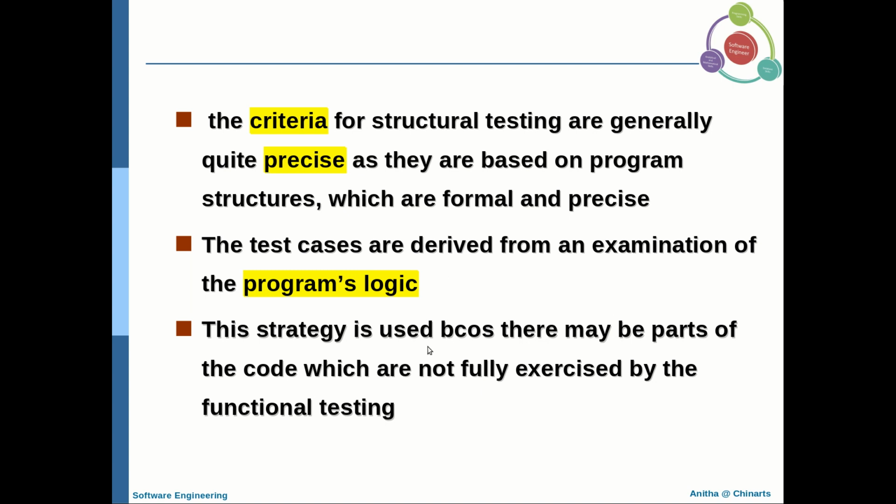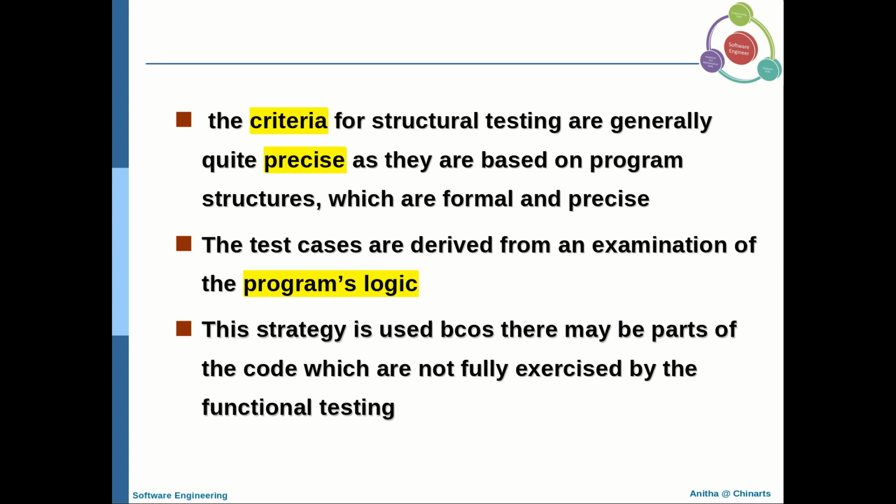Now this strategy is used because there may be parts of the code which are not fully exercised by functional testing. What I mean is, when you give some input conditions, there are chances that you may be ignoring a part of the code which may not be executed by that set of input conditions.